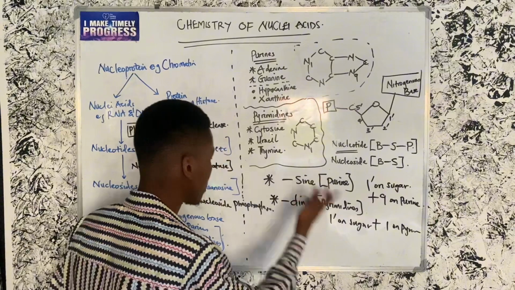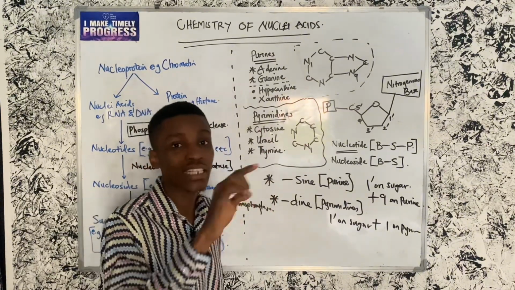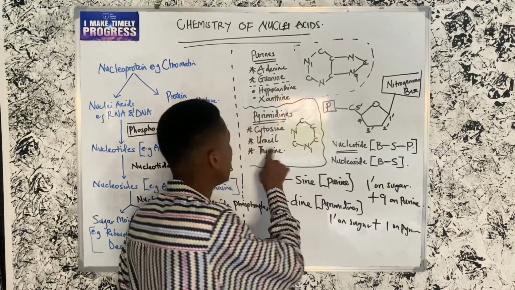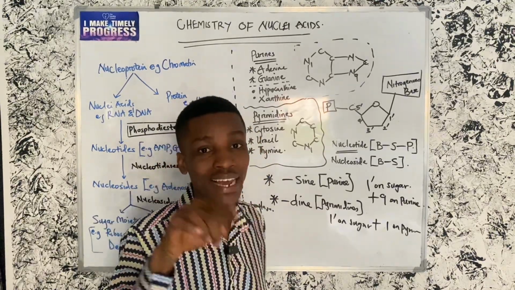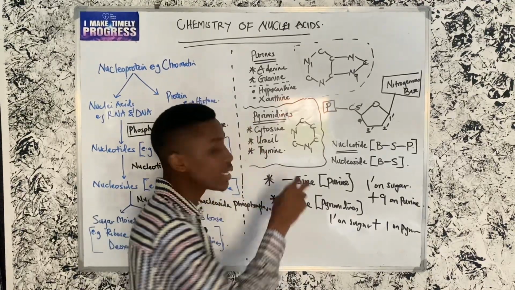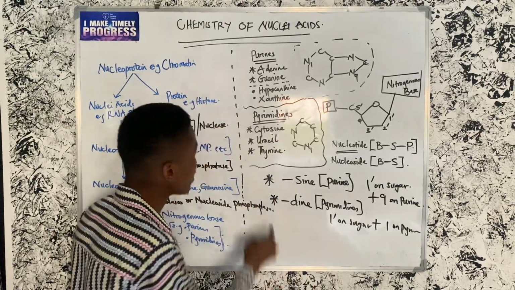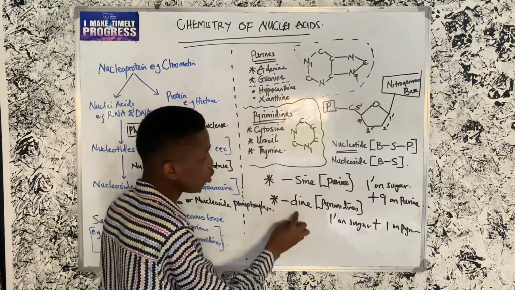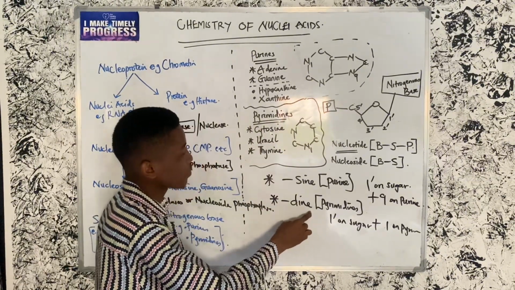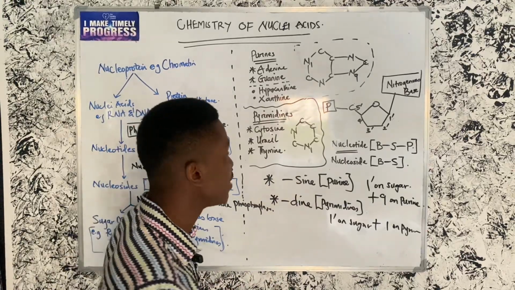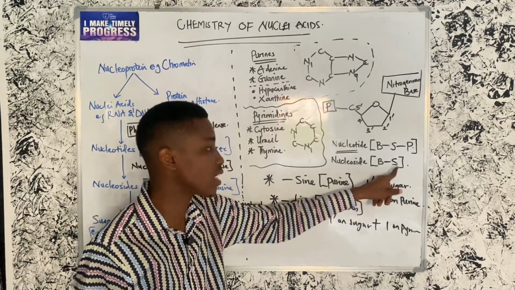So you realize that with pyrimidines, you always end with -dine. But with purines, you end with -sine. So that's how we name the nucleoside, which has a base and a sugar.